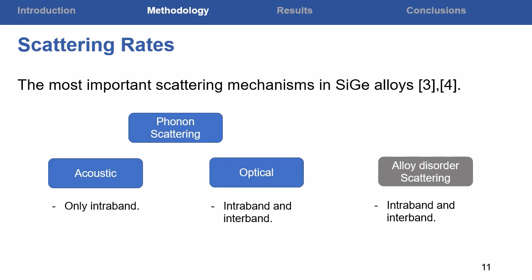Phonon scattering can be divided into acoustic phonon scattering and optical phonon scattering. The acoustic phonon scattering only causes intraband transitions, while the optical phonon scattering can cause both intraband and interband transitions, and the alloy disorder scattering can cause intraband and interband transitions.